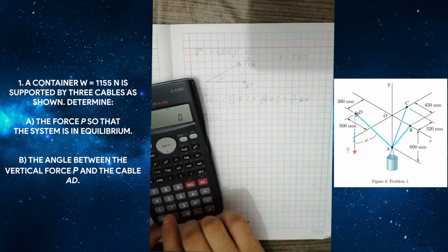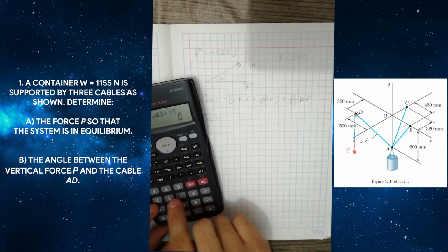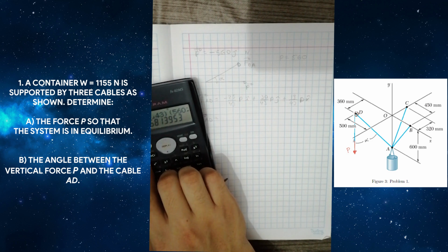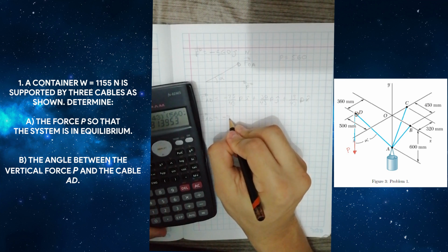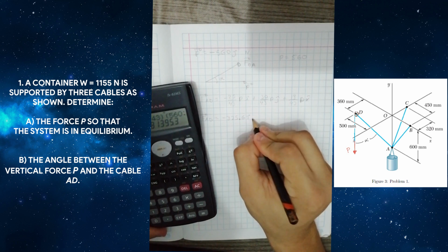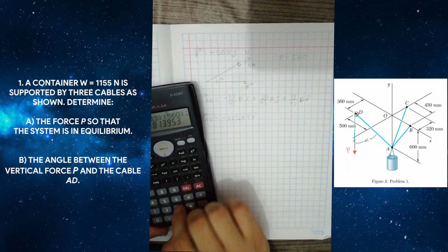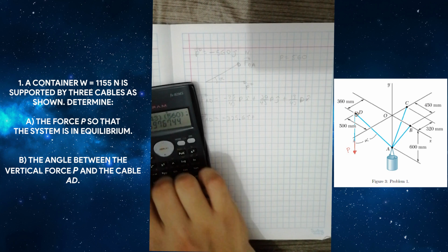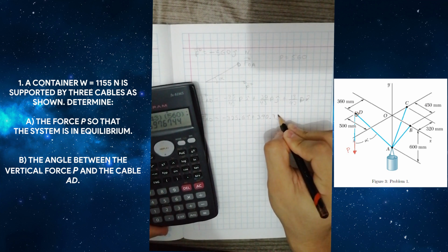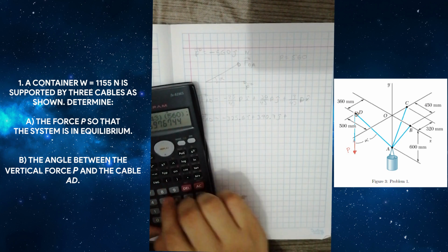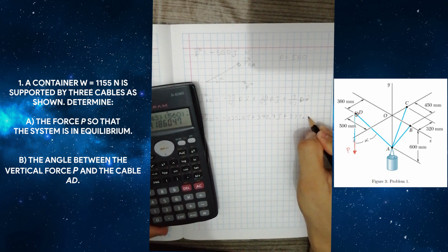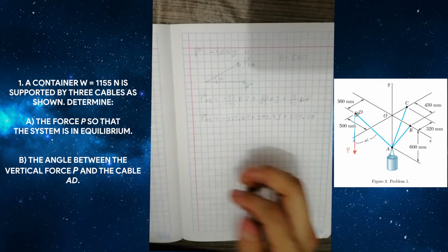This is minus 25 over 43 times 560, minus 325.6 i plus 30 over 43 times 560, 390.7 j plus 234.4 k.